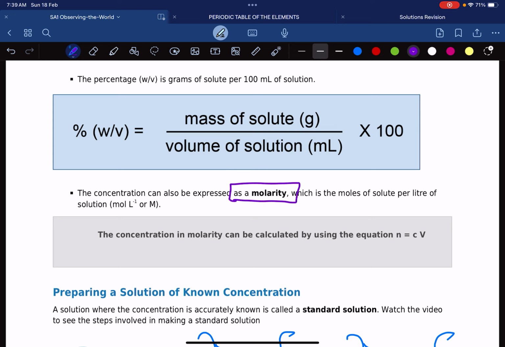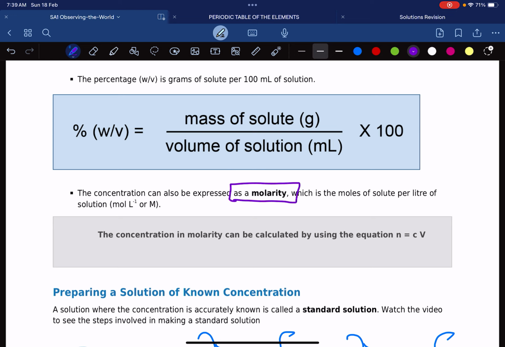Let's do percentage weight over volume first. It's the mass of the solute divided by the volume of the solution times 100. This 100 is basically percentage. So if you look at this question, we're going to take 17.855 grams divided by 475 ml, and multiply this by 100%.